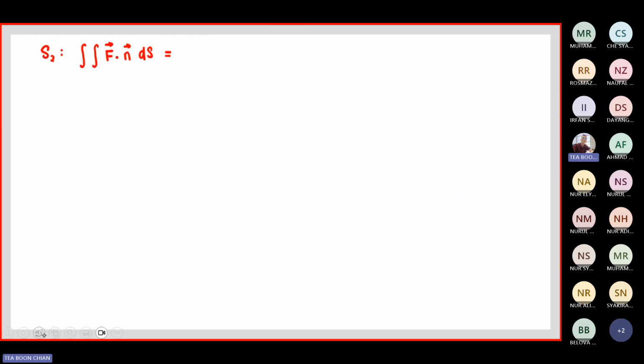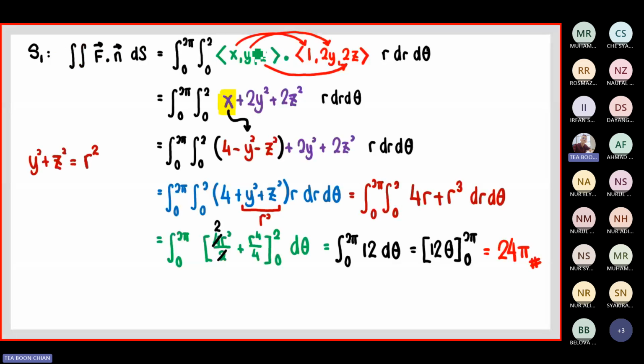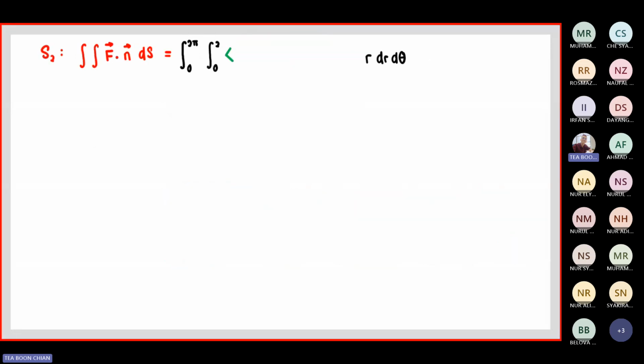So I will use the exact same setting. That is, integrate from 0 to 2 pi, integrate from 0 to 2, and the integrand is still r dr d theta. The only part that will be different is the inner computation. The vector f would still be the same, that is (x, y, z), so I will just copy it.